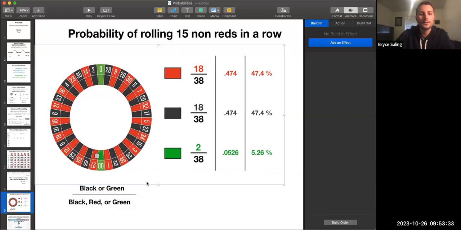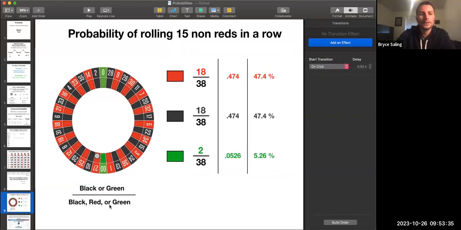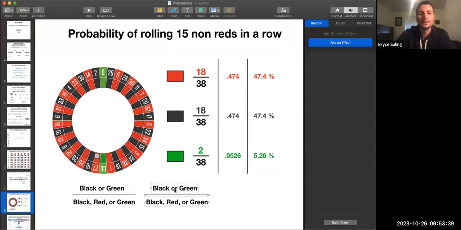So let's now figure this out. So we got black, green, or red. So black or green, there's 18 blacks plus 2 greens. So we have 18 plus 2, and then there's 38, 18 plus 18 plus 2. So there's 38 possible.